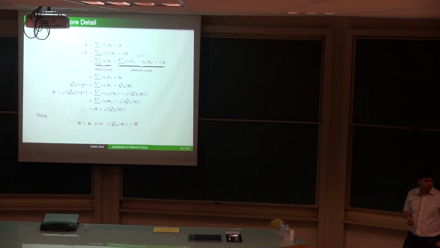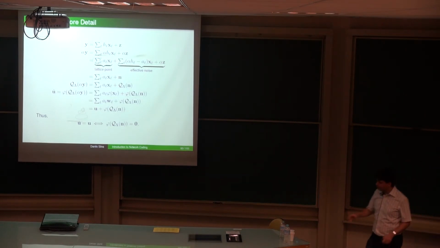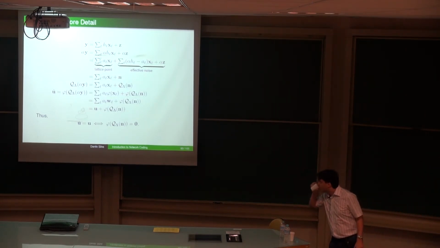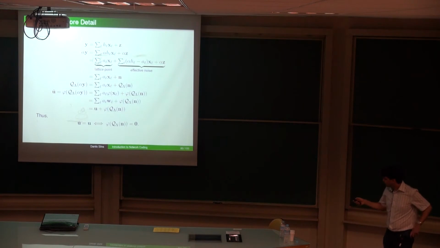Yeah, this is an MMSE estimation. So this term here is called the effective noise, and after you do lattice decoding, this term becomes unchanged because this is already a lattice point. And then after you do the labeling, you get precisely your desired message.